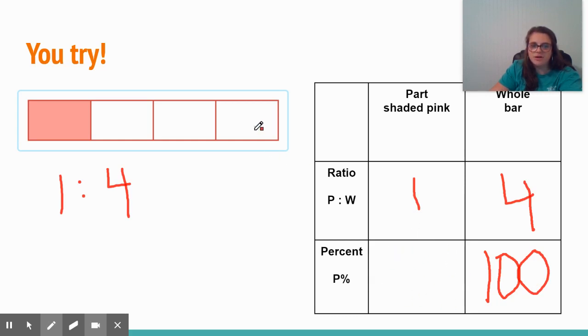What percent of our bar is shaded in pink? To go from 4 to 100, I know that 4 times 25 is going to give me 100. You could also just use a calculator. 4 times 25 gives me 100.